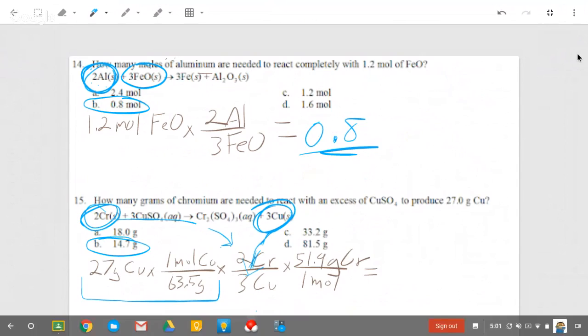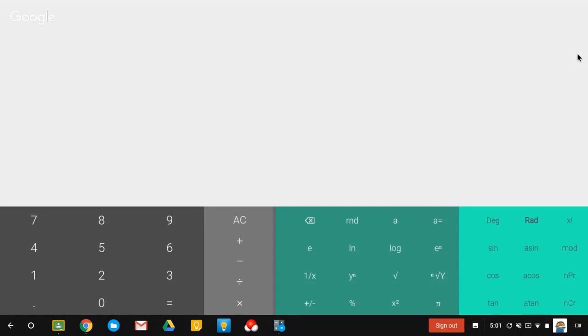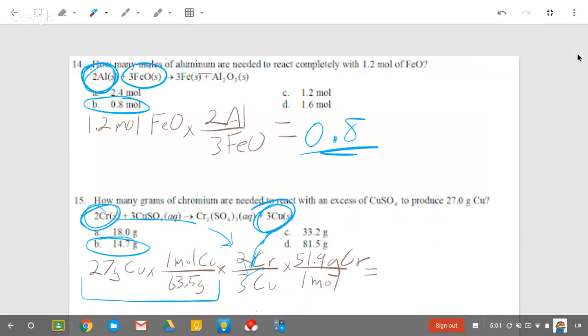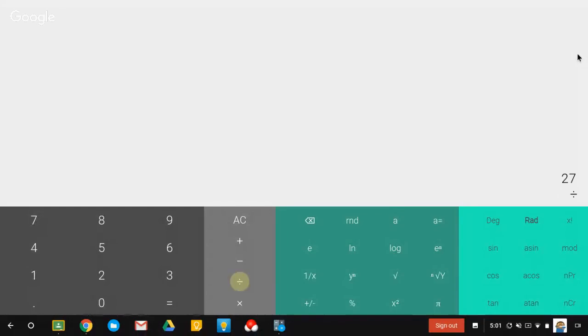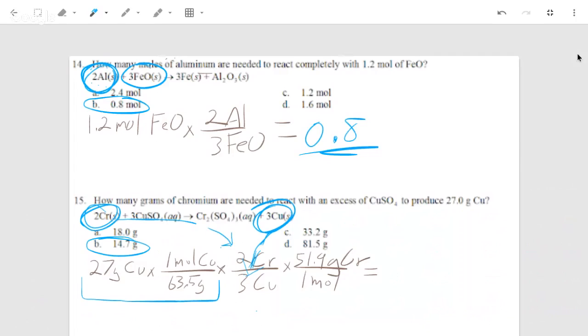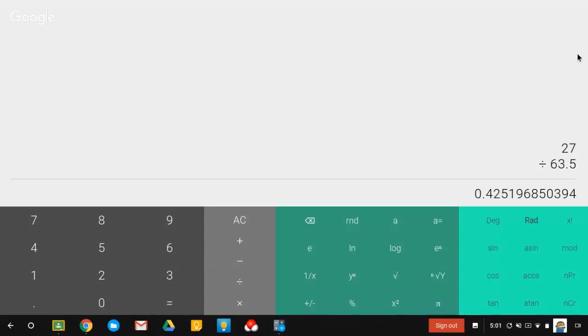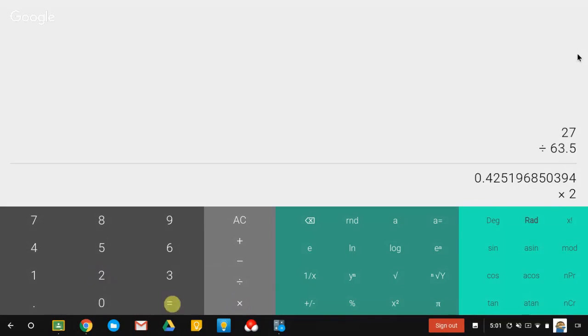So let's do that really quick and make sure it works. 27 divided by 63.5 is the first step. Okay. Times 2 divided by 3. Oh, what just happened?